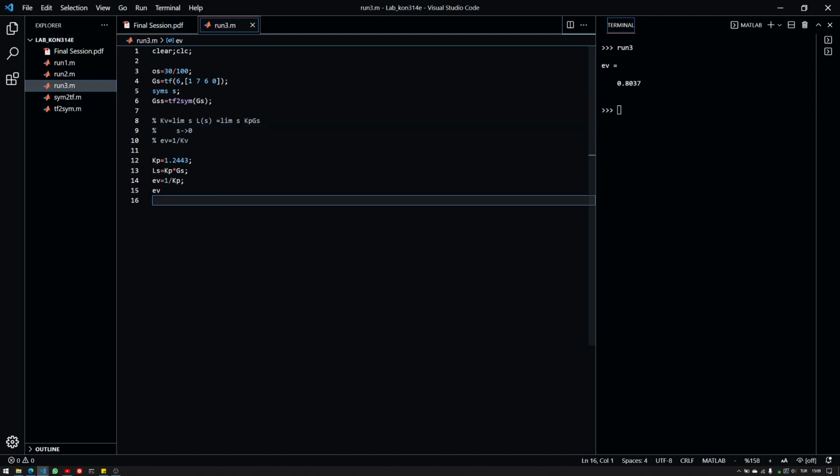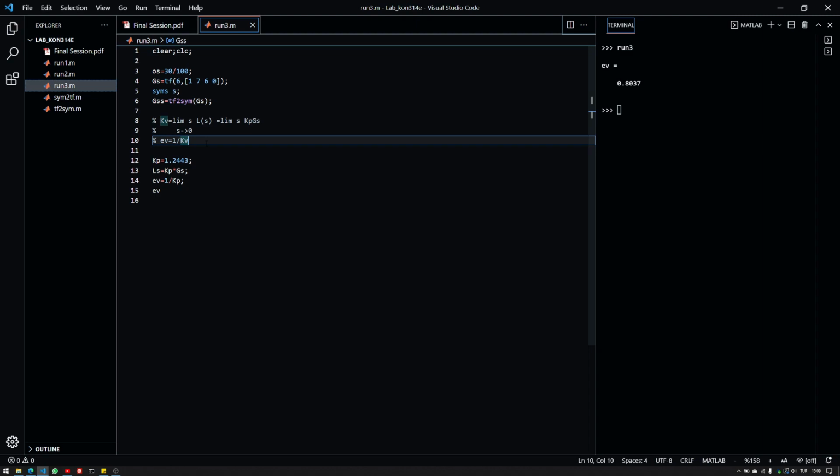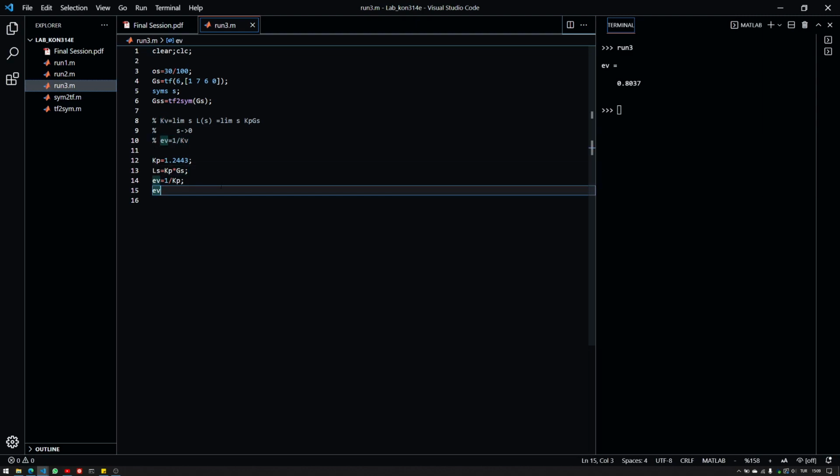Now, in our case, we want to halve this error. We are aware that we cannot completely track the input, but we want to have a slightly better result than this one here. So since the relation here, by the way, this is KV, and we should have this error here.